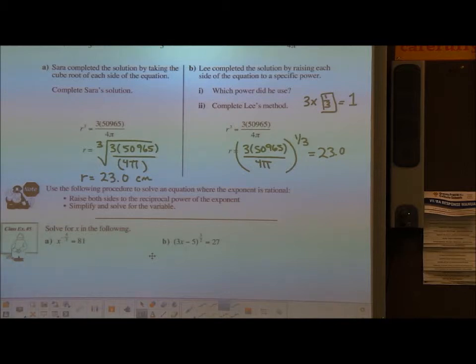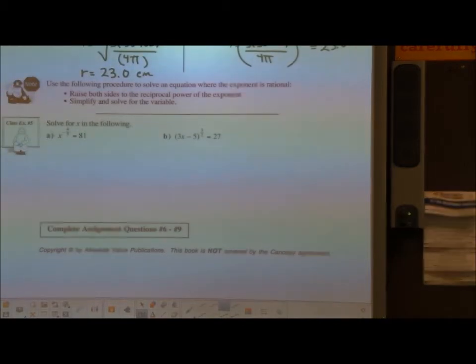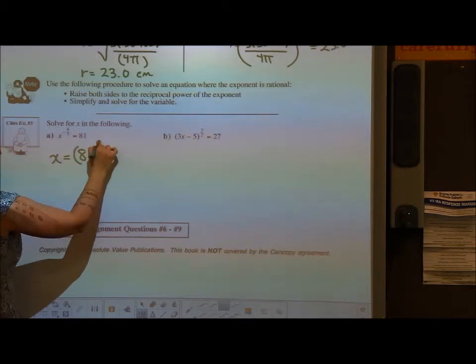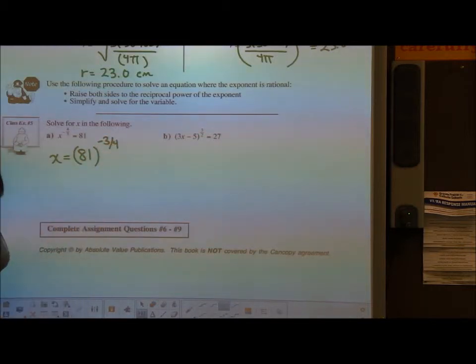So now if we look at class example number 5, if I have x to the power of -4/3, how do I go from the -4/3 to the power of 1? Times by -3/4. So I'm going to take 81 and raise it to the power of -3/4.